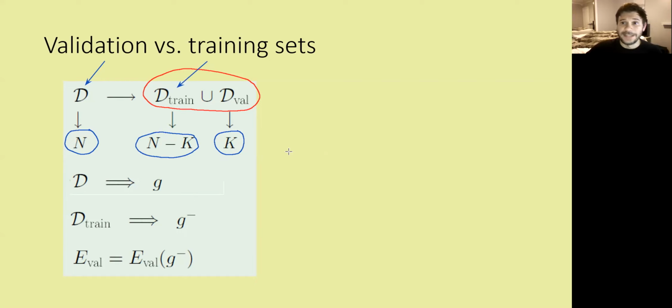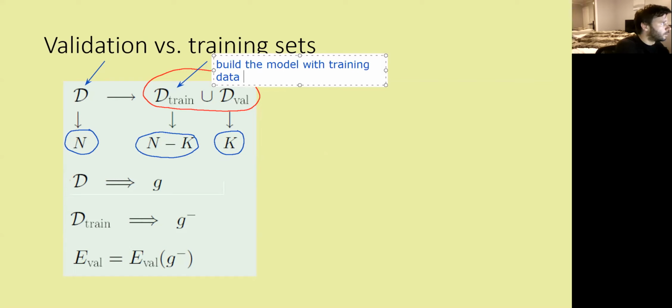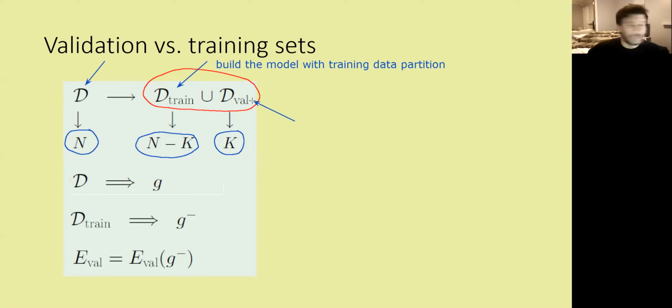The training data set is going to be used to build the model. And the validation set is not going to be used to build the model. It is going to be used to help us test or calibrate the model.